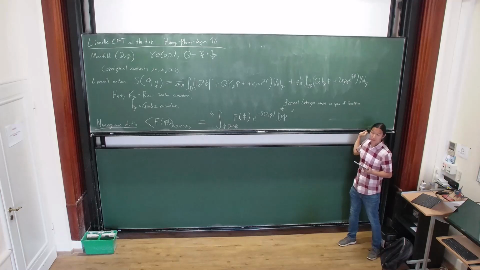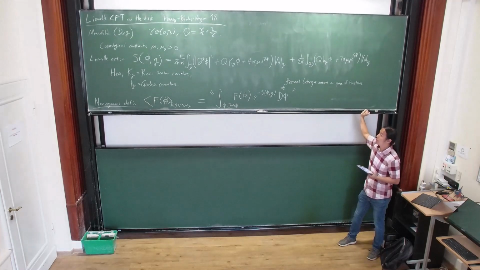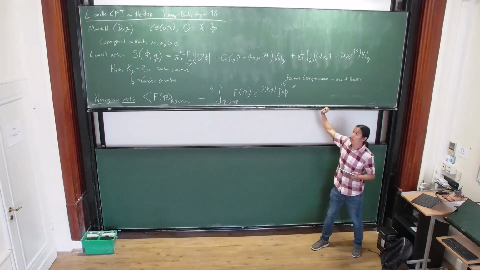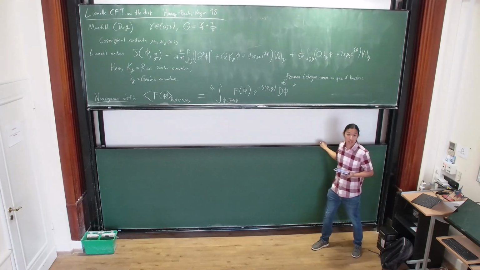So what we're going to do now is find a way to make sense of this formal integral using the Gaussian field. Are there any questions?